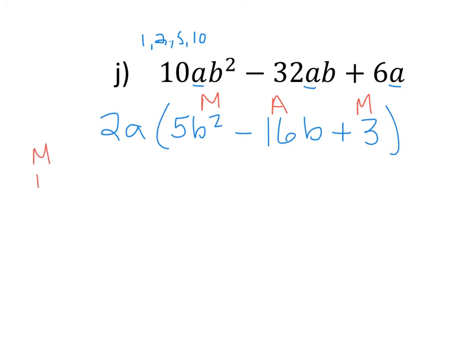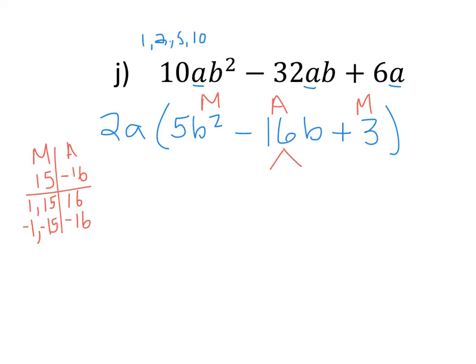M is 15, A is negative 16. Well, I have 1 times 15, which gives me positive 16, so I know I have to go to negatives. Negative 1 times negative 15 is also positive 15, but the sum is negative 16. Again, the leading coefficient isn't 1, which means I need to split the middle term.